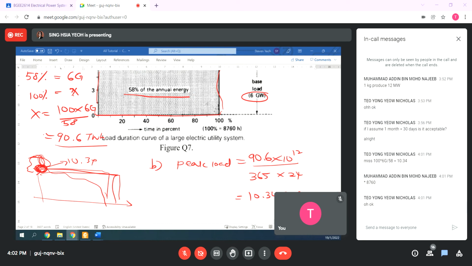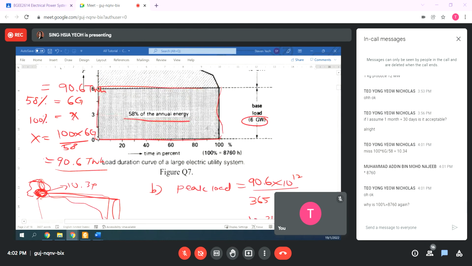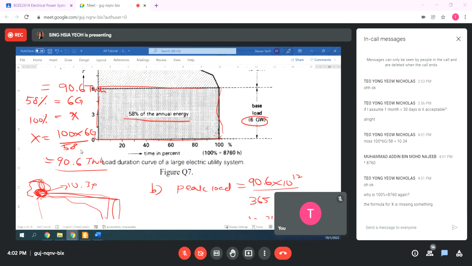Huh? That S760 is what? Is it I wrote something wrong? 100 times 6 gigawatt divided by 58 is equals to 10 point... Eh?